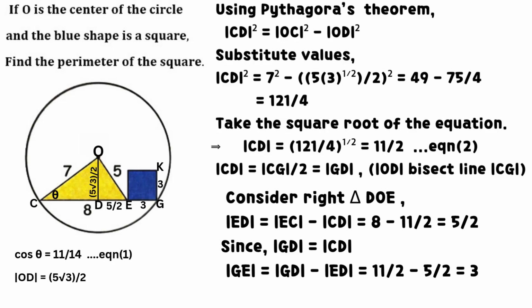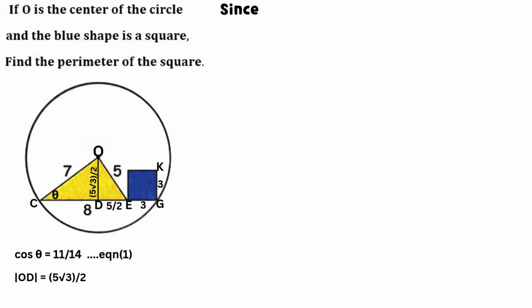Line ED equals line EC minus line CD, which equals 8 minus half of 11. The result is equal to half of 5. Since line GD equals line CD, line GE equals line GD minus line ED, which simplifies to 3.